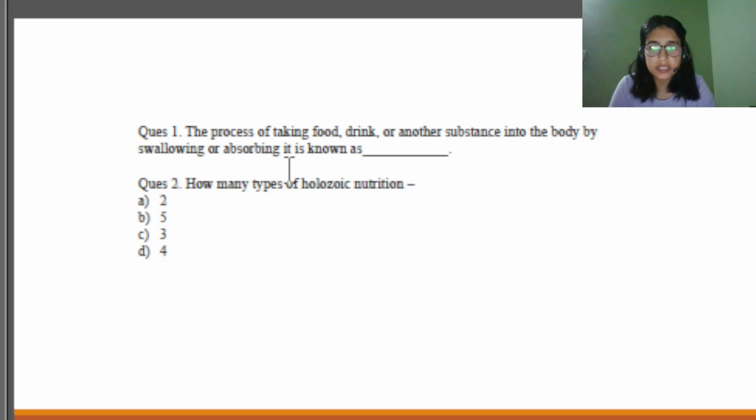Question one: the process of taking food, drink or another substance into the body by swallowing or absorbing it is known as... Yes, the correct answer to this question is digestion, the process of digestion basically.